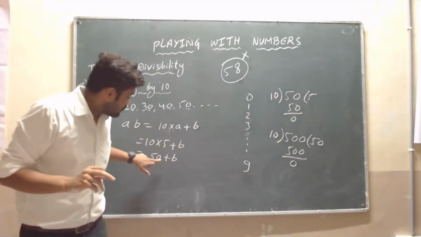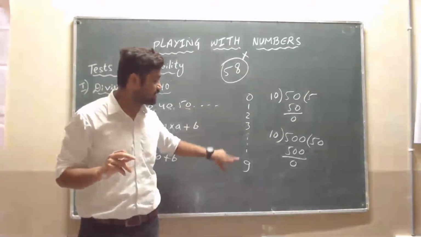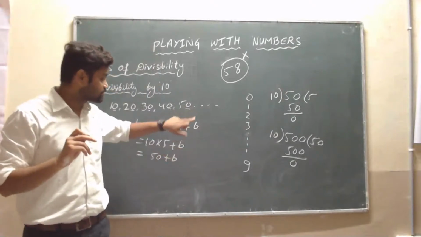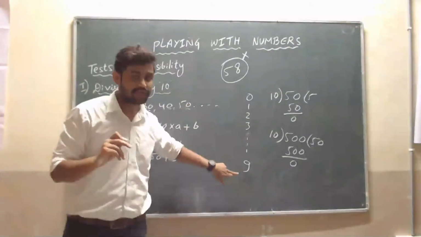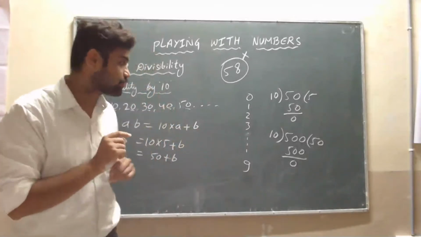Now, which value from 0 to 9, when substituted for B, makes it divisible by 10? Which value can we add?